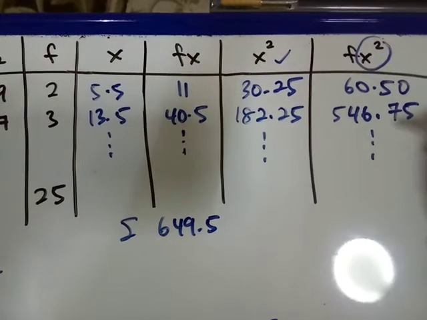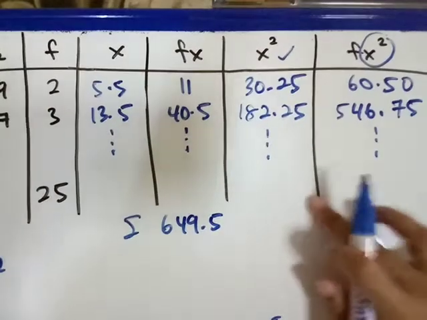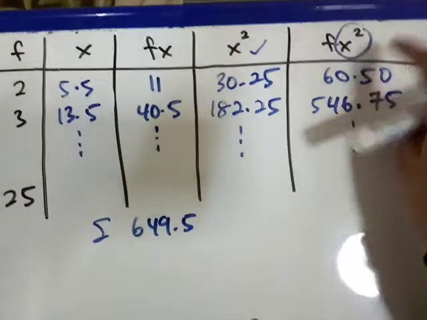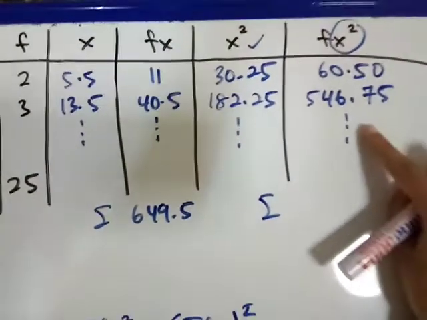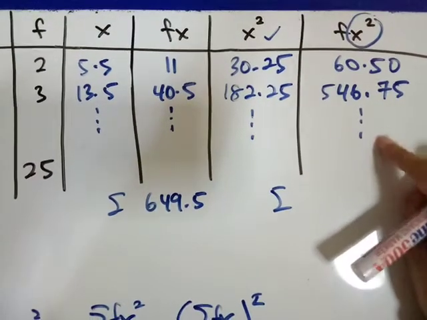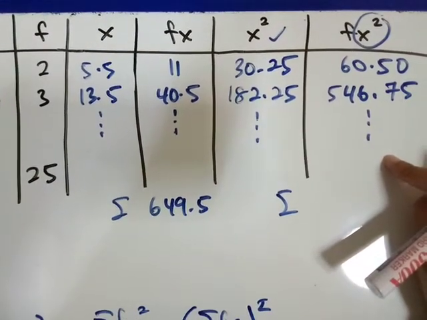Calculate the rest yourself. Then for fx square, you have to total up. After finding fx square for the other classes, you total it up.